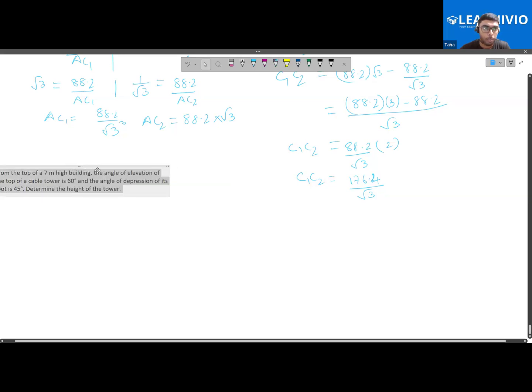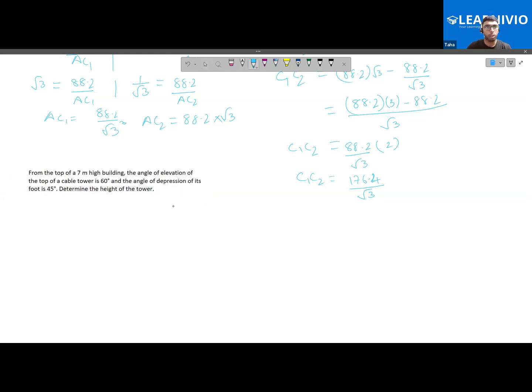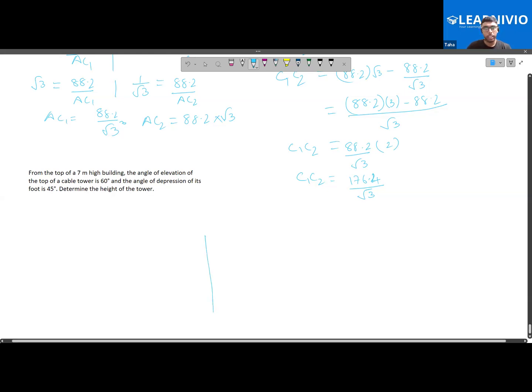All right. From the top of a 7-meter high building, the angle of elevation to the top of a cable tower is 60 degrees, and the angle of depression of its foot is 45 degrees. Determine the height of the tower. So someone is standing on a 7-meter high building.